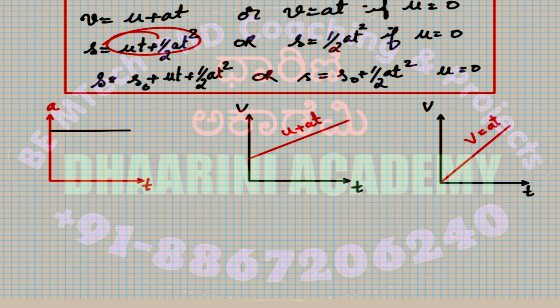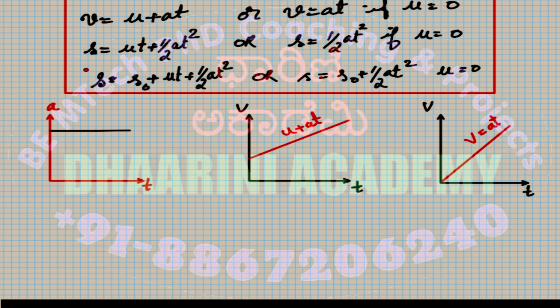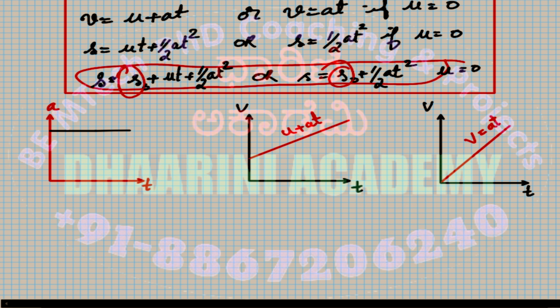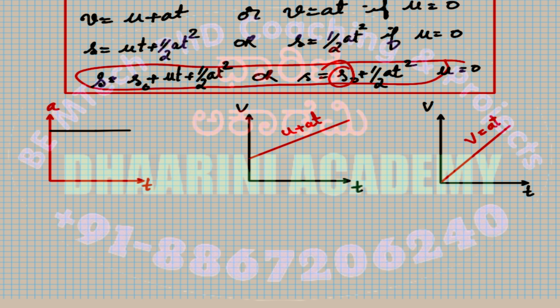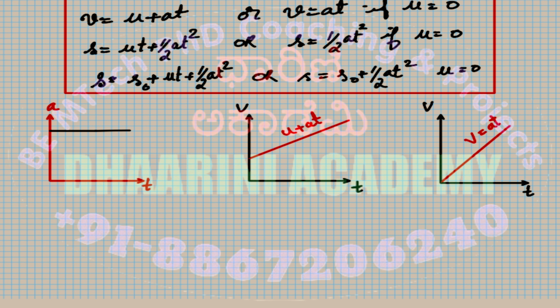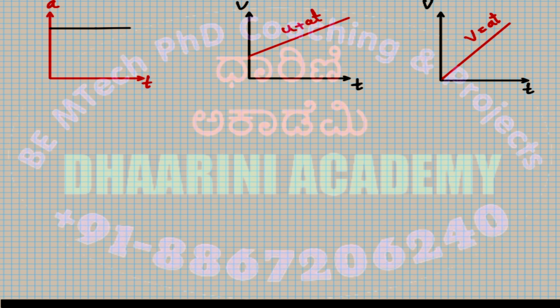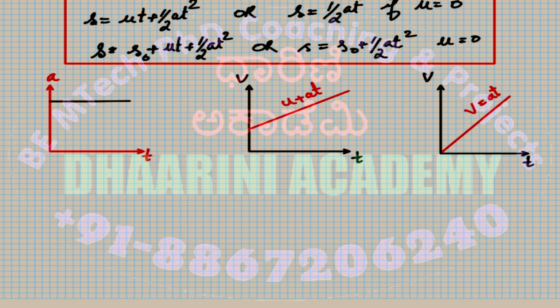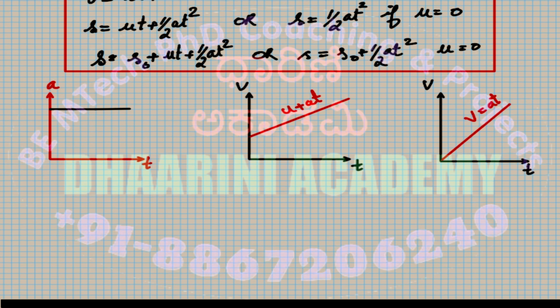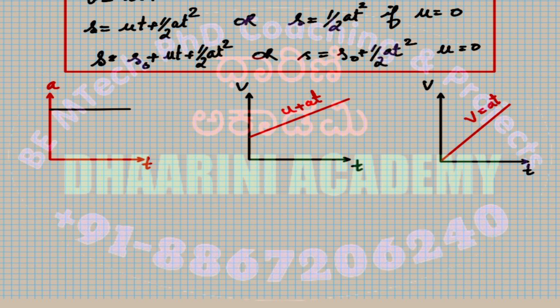Whereas, if you look at the next curve, these two curves will not start from 0, they will start from some S naught. So whether u is 0 or not doesn't matter. The curve either will start from 0 or not, depending on whether there is an S naught in the given equation. So let's try to look at that now. I'm trying to plot the curves for the last two lines of the page. Let me write the two graphs over here.